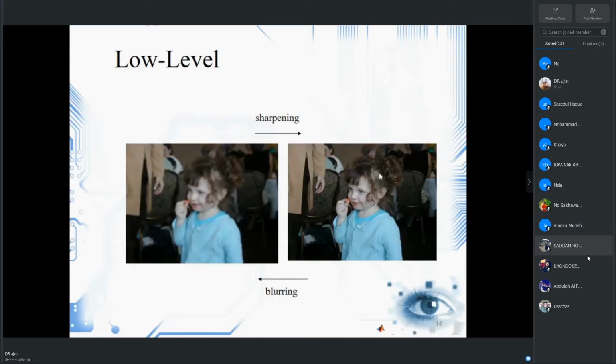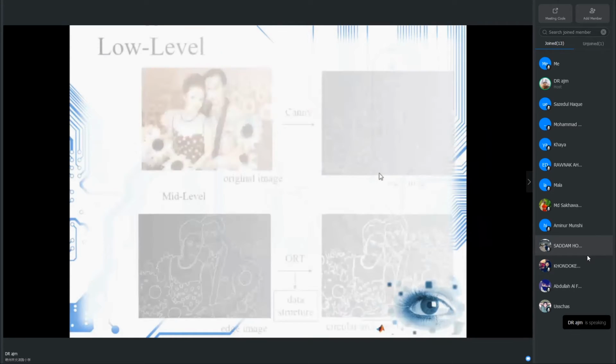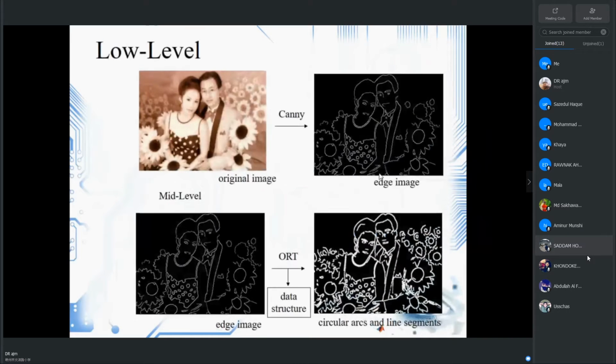If we go to the next level of the image, suppose we have one figure and we apply some filter on it. We want to specify the edges by Canny, which we will do. With the mid-level, you can extract some data and then insert the image there, and then make the edges or circular arcs and segments more highlighted.